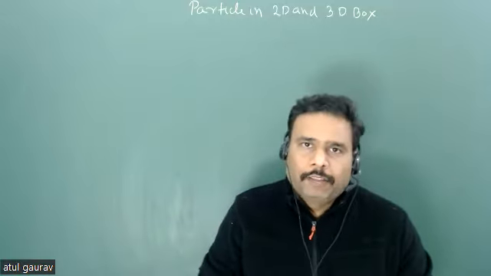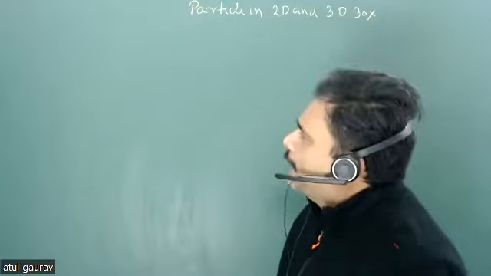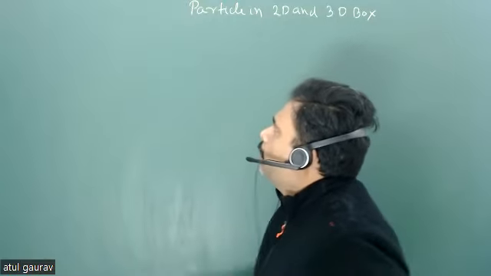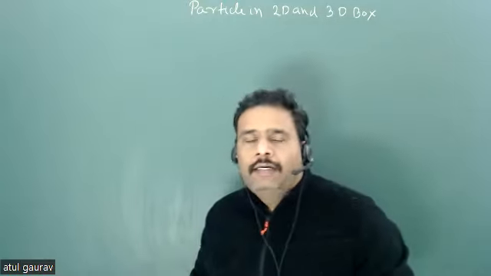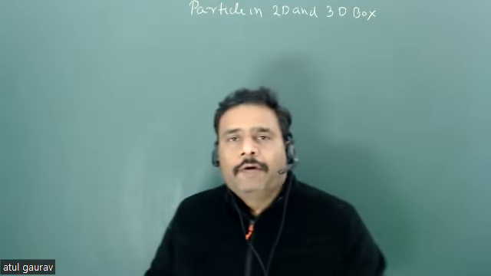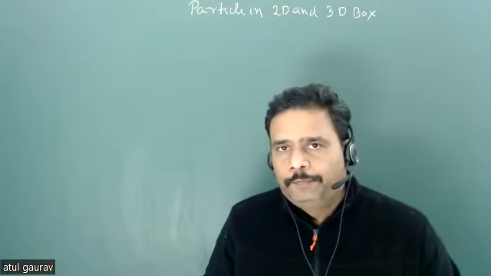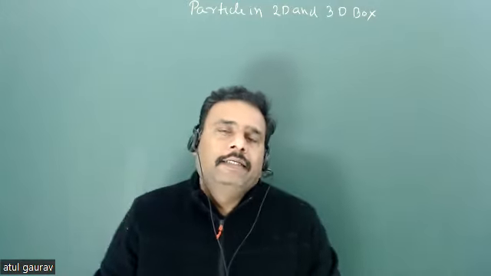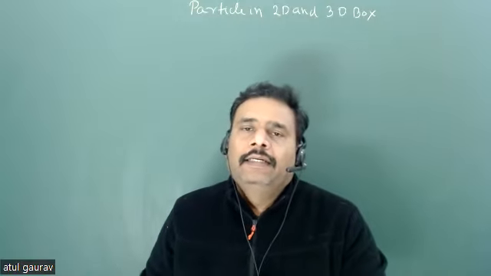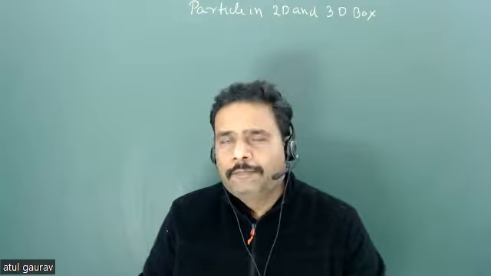So suppose I have a coin and I have a dice. What will be the probability that I will get head on a coin? That is half. What will be the probability that I will get 6 on a face of dice? That is 1 by 6.